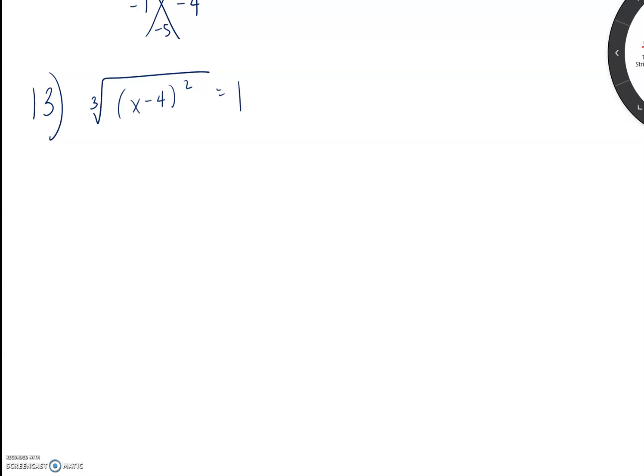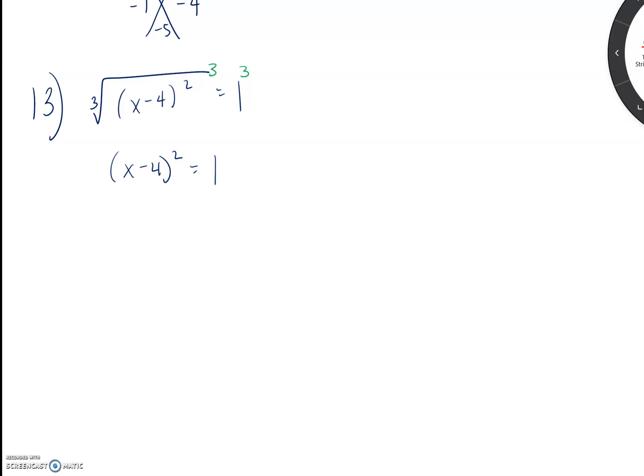Okay, so this is underneath a cubed root, so the opposite of a cubed root would be cubing, so I need to cube both sides. And what's underneath the radical still stays put, so this is still squared. And 1 cubed is still 1.